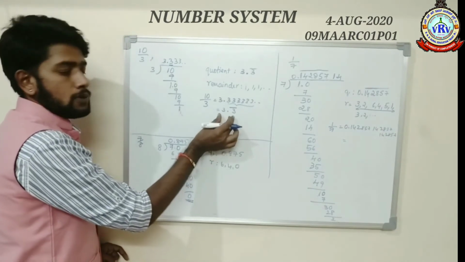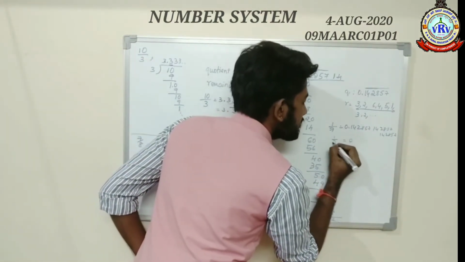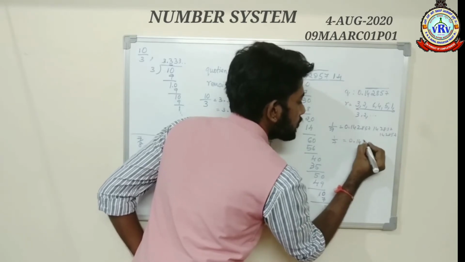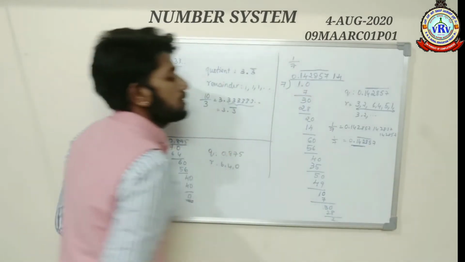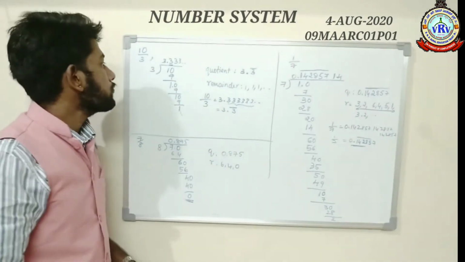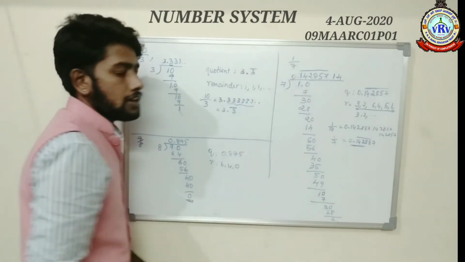I am using the same concept of bar here. So I can write 1 by 7 as 0.142857 whole bar. This is the decimal expression for the rational numbers 10 by 3, 7 by 8 and 1 by 7.